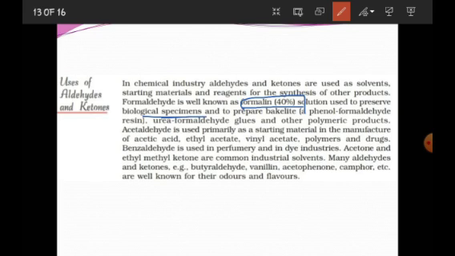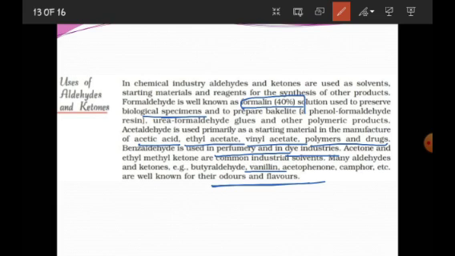And then rest you need to remember that acetaldehyde is used primarily as a starting material for manufacturing of acetic acid, ethyl acetate, vinyl acetate, polymers and drugs, and benzaldehyde is used in perfumery and dye industries. So these are some of the uses that you need to remember, and you can also remember about vanillin and others, where aldehydes are used because of their odors and flavors.